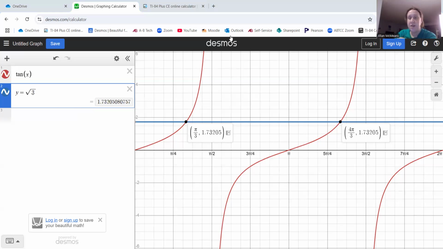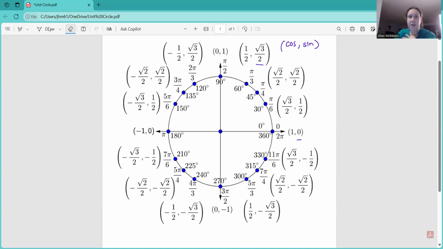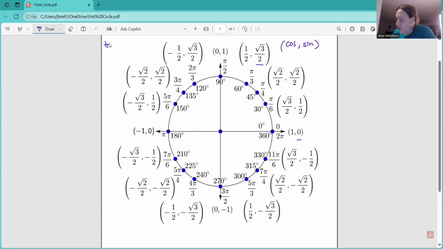Now, the unit circle is never as easy when you're dealing with tangent, okay? So please keep that in mind. Remember, we have a quotient identity for tangent, and tangent is equal to sine over cosine. So we need to figure out which ratios of sine divided by cosine, which is really y over x, give us the root 3.